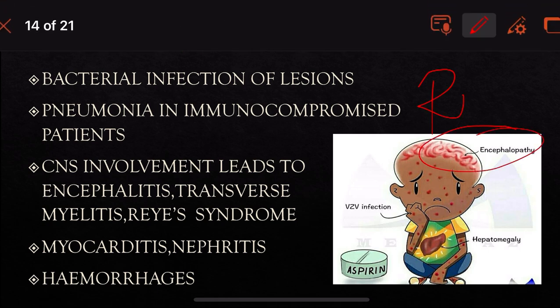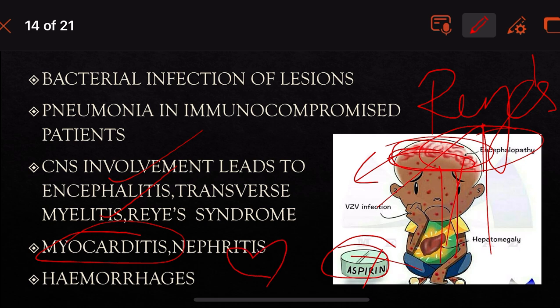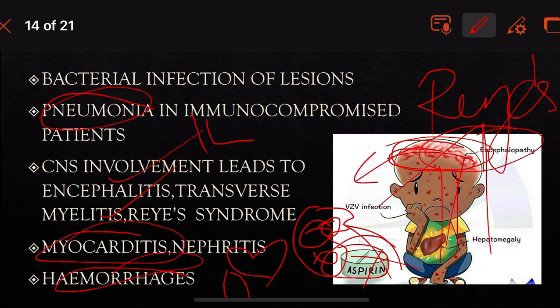This is Reye's syndrome, where the person suffers with encephalopathy, zoster infection, and hepatomegaly, where aspirin is not recommended for Reye's syndrome. And we have encephalitis, transverse myelitis, including the spinal cord, there is inflammation of the meninges, and we have myocarditis, the heart is getting involved, nephritis, the nephrons, there is inflammation in the kidney, hemorrhages, there is bleeding, and we saw pneumonia in immunocompromised patients.